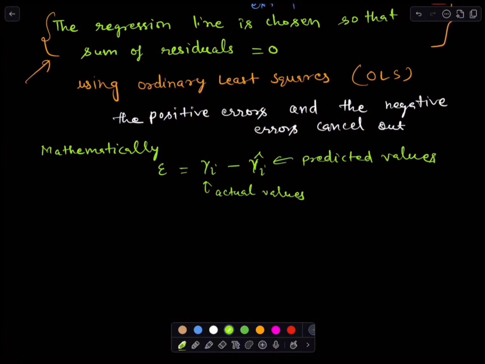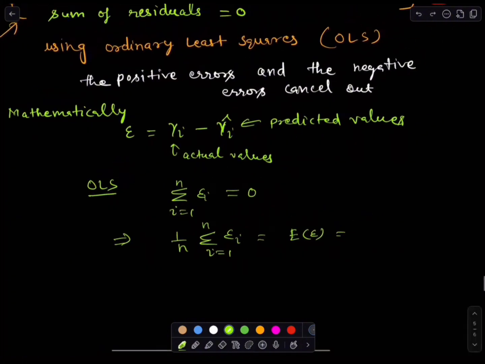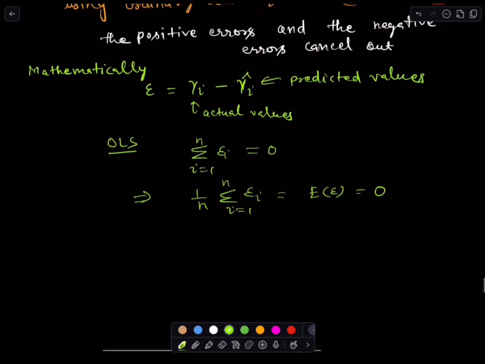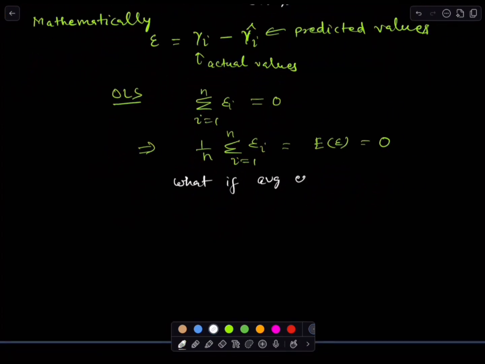By construction of OLS, the sigma, the addition of all such errors from i equals 1 to n, should be equal to 0. In other words, if I take the average of the errors, that should come to 0.